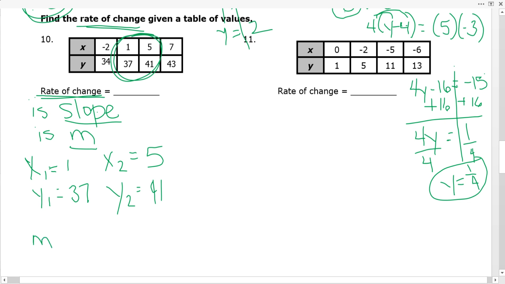So my slope is 41 minus 37 over 5 minus 1. 41 minus 37 is 4. 5 minus 1 is 4. So my rate of change is my slope is 1.